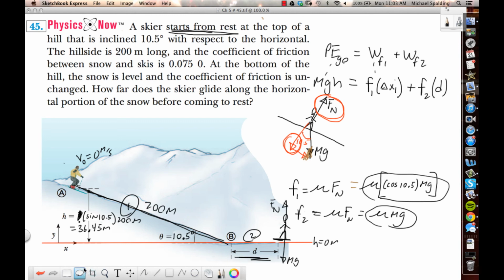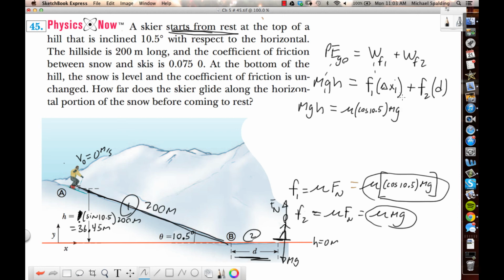Okay, so let's plug that in. So we have mgh equals, okay, friction 1 is mu times cosine 10.5 mg, and then what's the distance going to be? 200 meters.